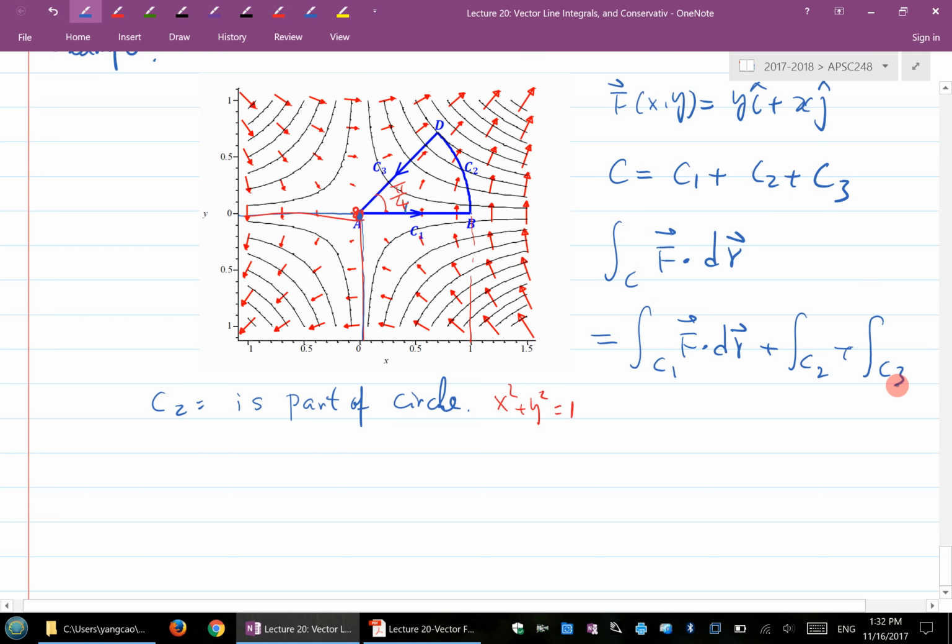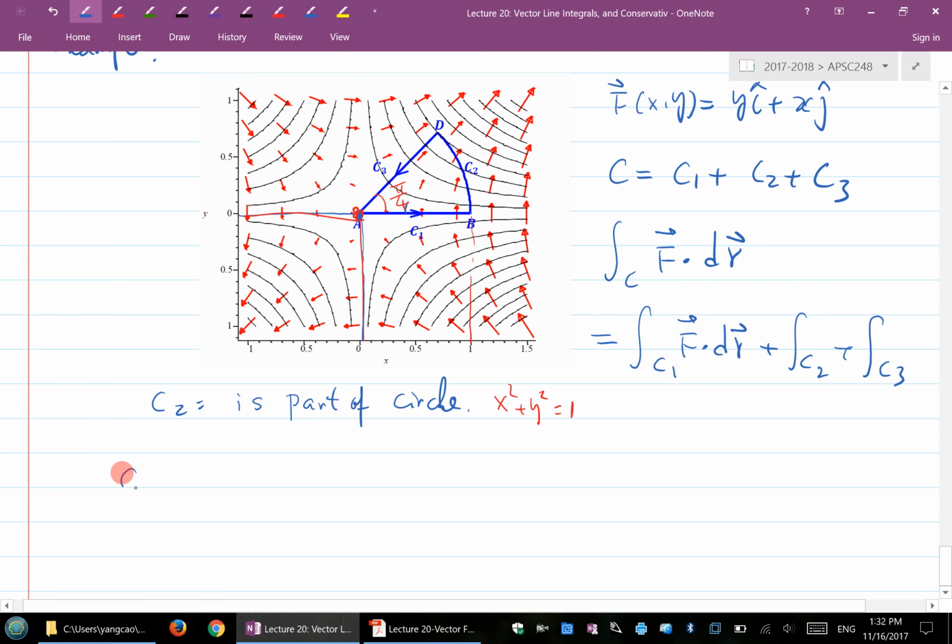So do C1 first, C2 and C3, and then add them together, then we get the total line integral. That's what next week's tutorial will show you how to do for each one of the line segments. But of course, in order to do this, you have to get the parametric equation for each one of the segments of these curves, right?